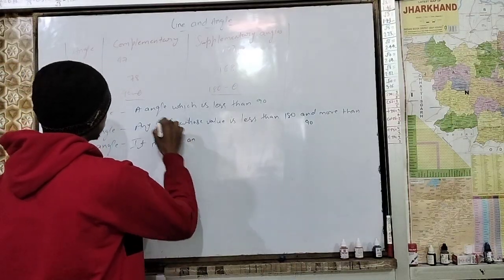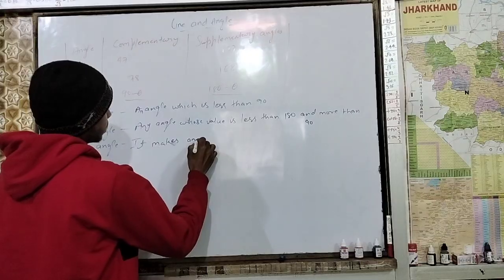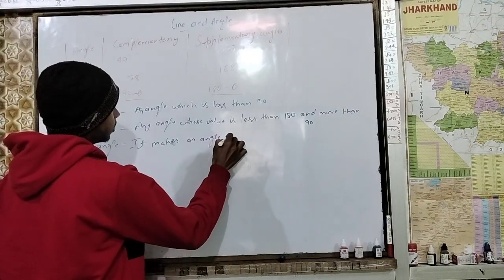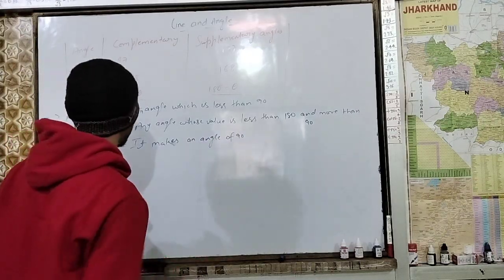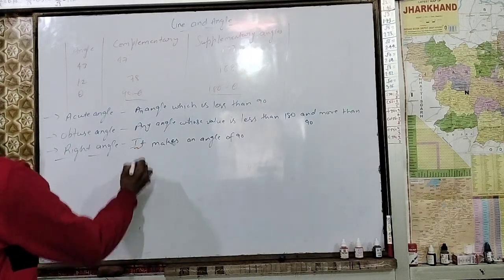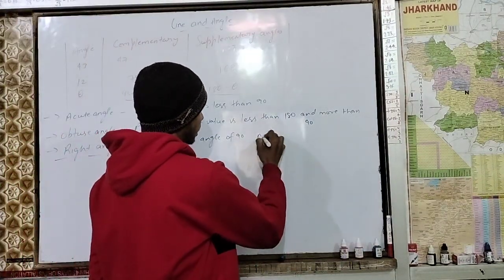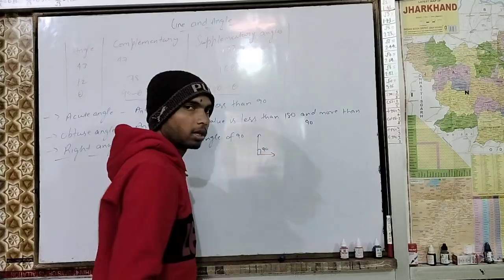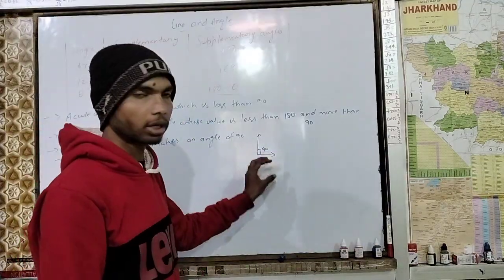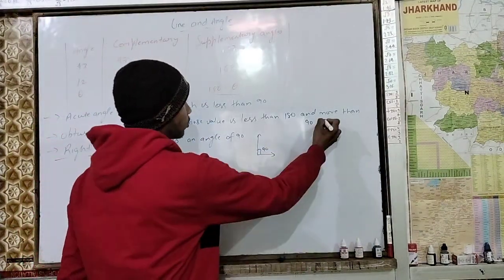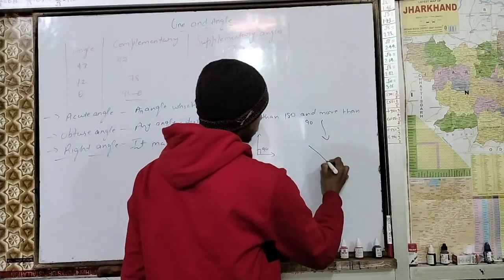It makes an angle of 90 degree. The figure is like this. This is the figure of a right angle, where the rotation is 90. Now the figure for obtuse will be like this.